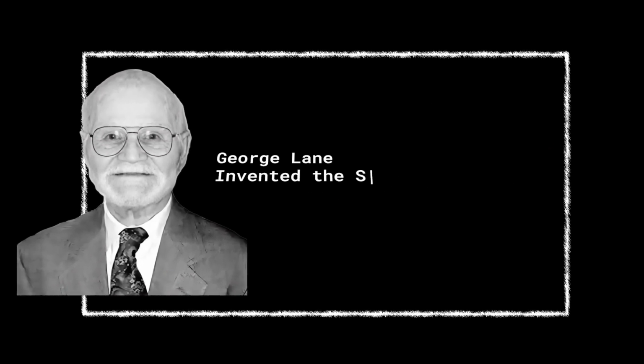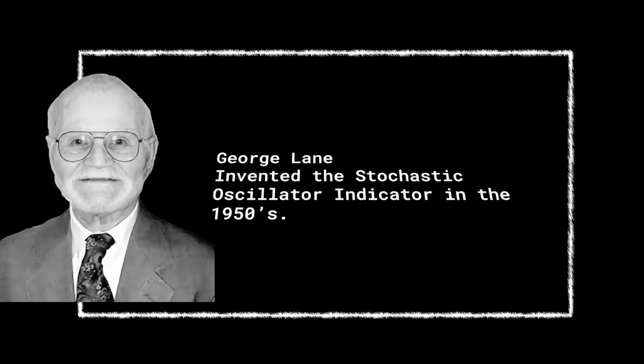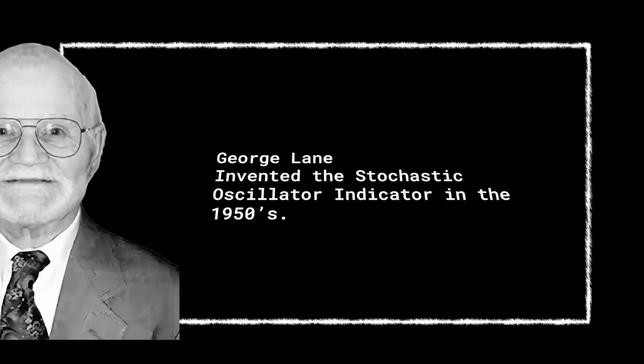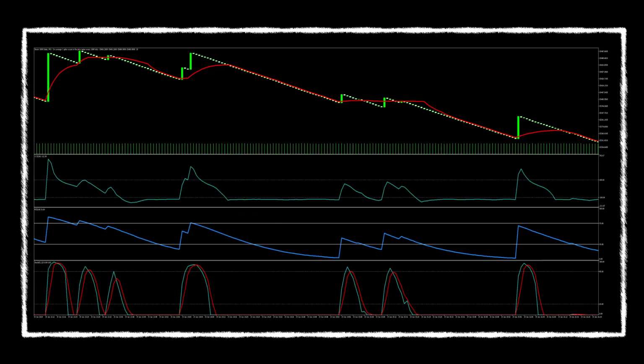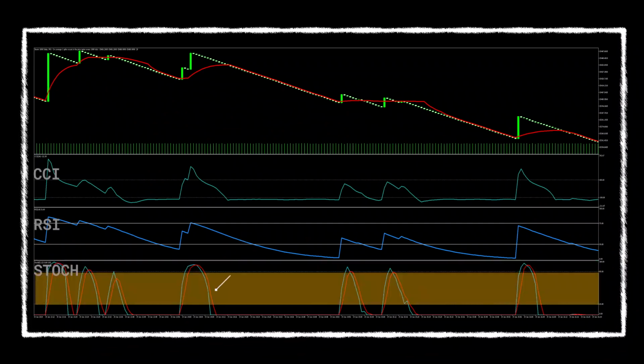George Lane introduced the stochastic indicator in the late 1950s. This indicator detects momentum in price movements and identifies overbought and oversold conditions just like the RSI. It also oscillates between 0 and 100. Oscillations above 80 imply overbought conditions, while oscillations below 20 imply oversold conditions.